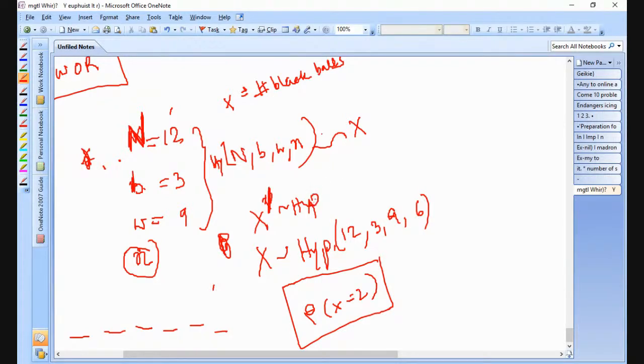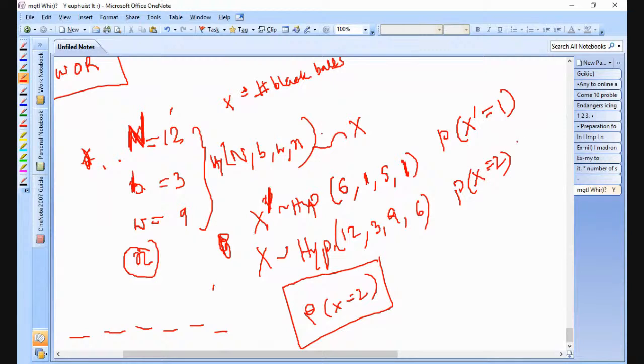So it's a product of two hypergeometrics. After 6 tosses, 6 balls will be taken out, and out of that, black will be only 1 and white will be 5, and n will be 1. So you just need to find probability X dash is equal to 1. So probability X is equal to 2 into probability X dash is equal to 1.